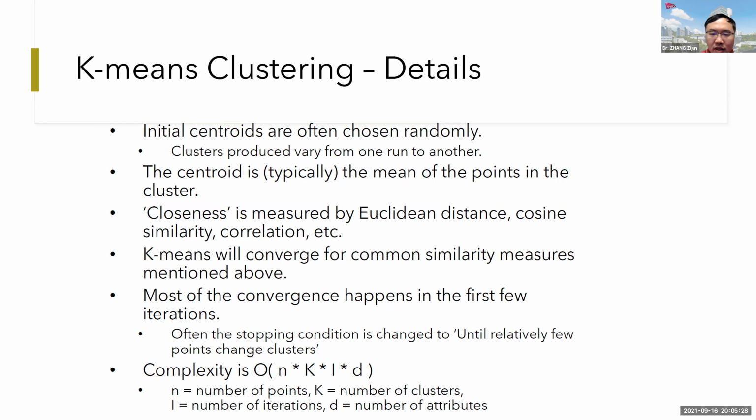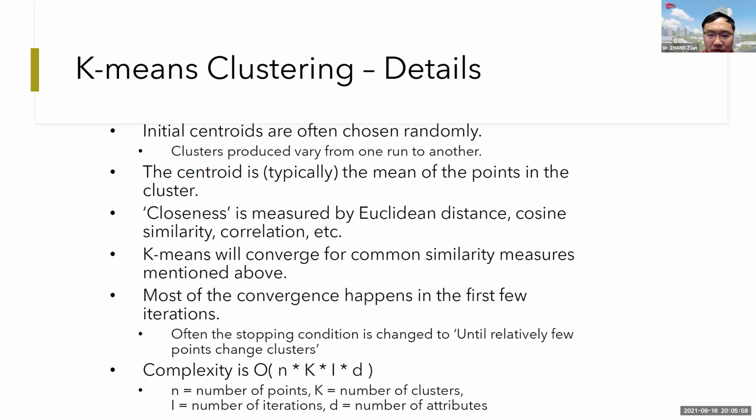And the centroid is typically the mean of the data points in a cluster. What does that mean? The mean, or basically the average of the points, is a statistical metric. Sometimes people can change it to another criterion.